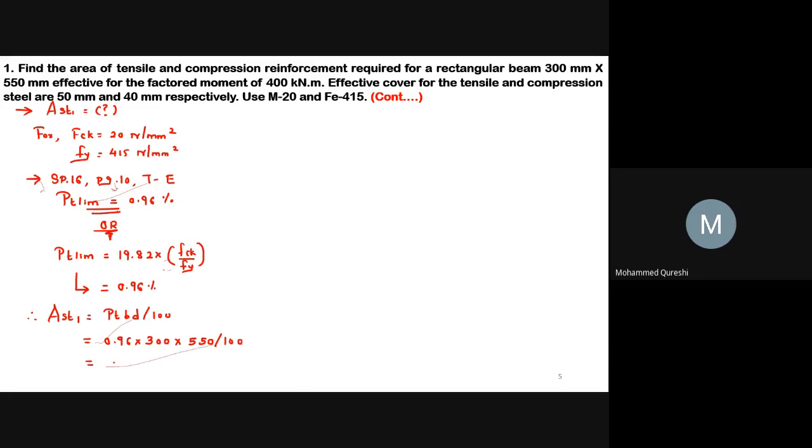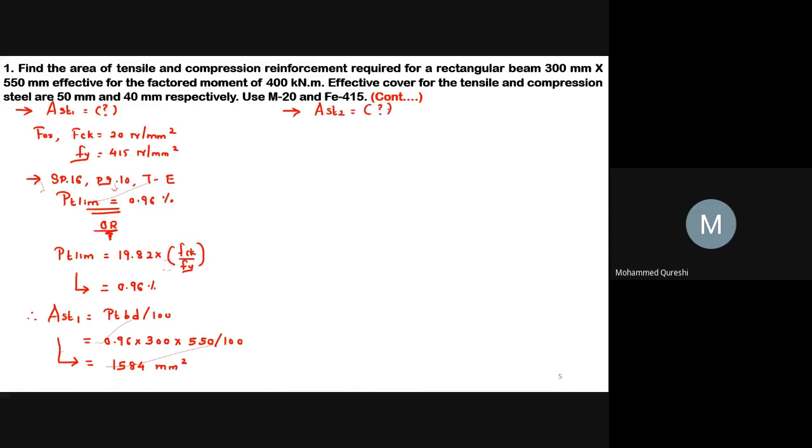So we will get AST1 as 1584 mm square. Now we achieved the value of AST1. Now we have to find the value of AST2. So we will calculate AST2.